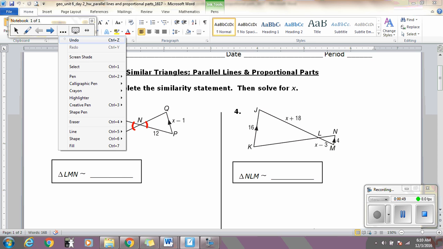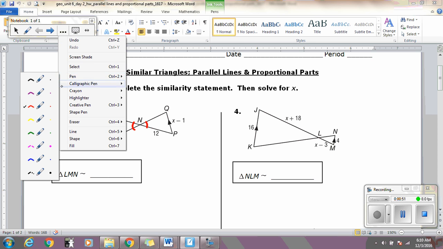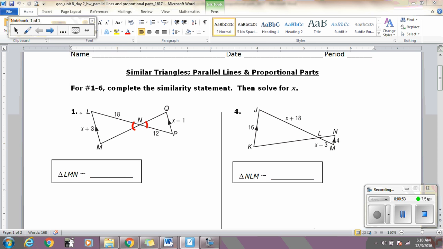And then I see a set of parallel lines. LM and QP are parallel because of those arrows. So Q is congruent with M because those are alternate interior angles.